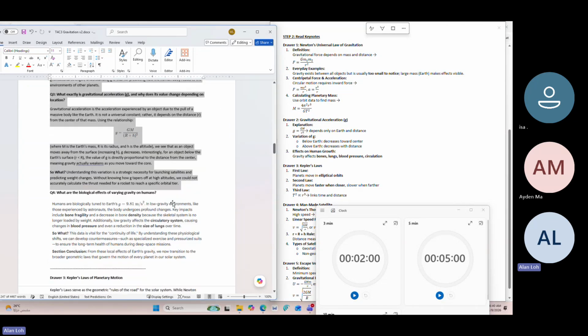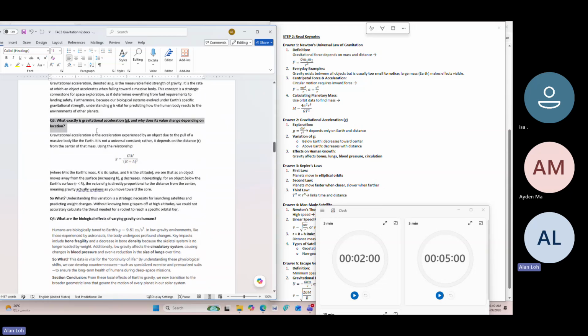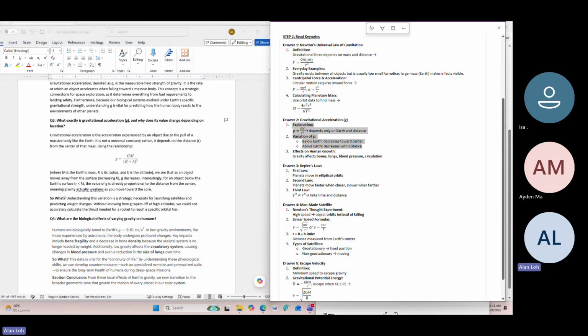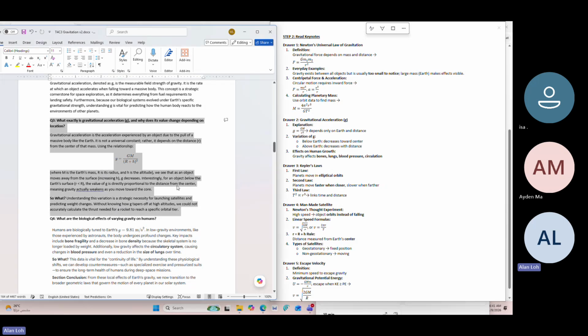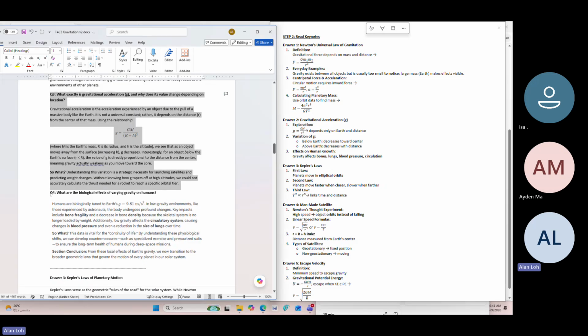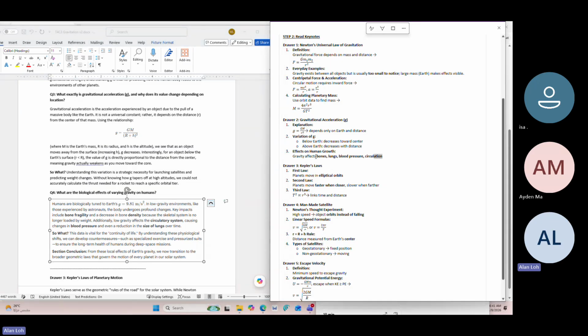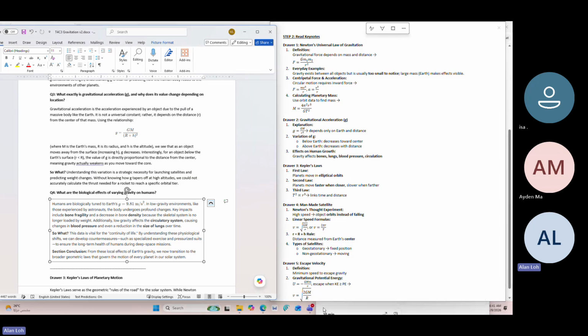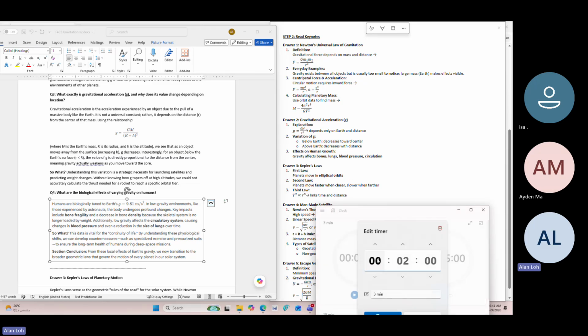Now let's go to what is it? Which point does it explain? It explains point 2 and point 1 here. All right, point 2 and point 1. So for question 4, the last question for this drawer, it explains the last point, the human growth effect. All right. Let's do 1 minute for question 4.